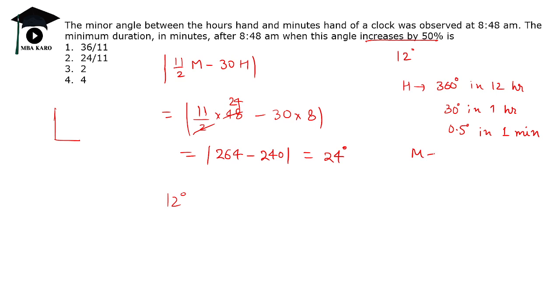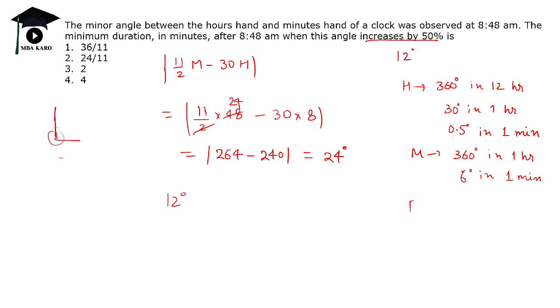And if we look at the minute hand, suppose it is at 12, it will return to 12 after 360 degrees in 60 minutes, or 1 hour. If you divide by 60, we get 6 degrees in 1 minute. So the minute hand goes by 6 degrees, the hour hand goes by 0.5 degrees.